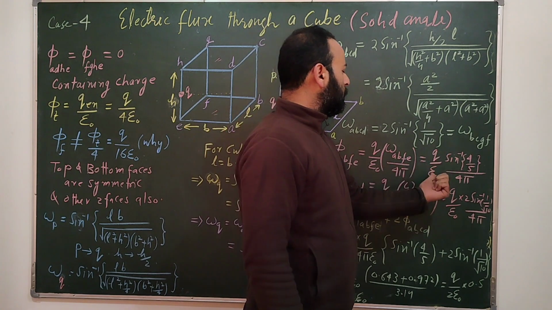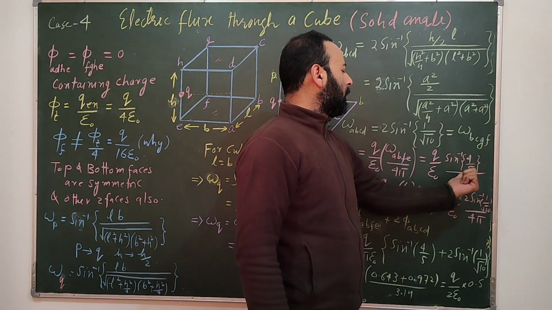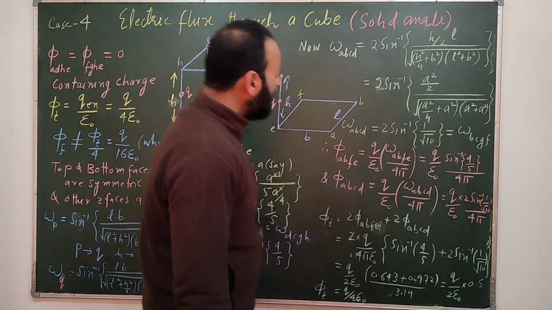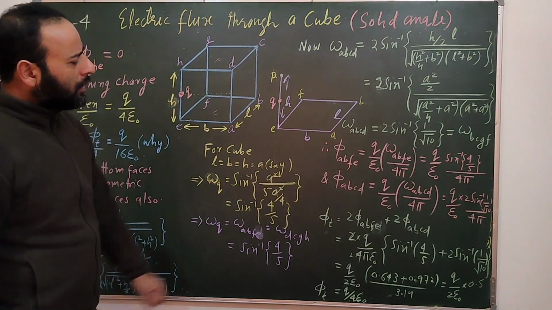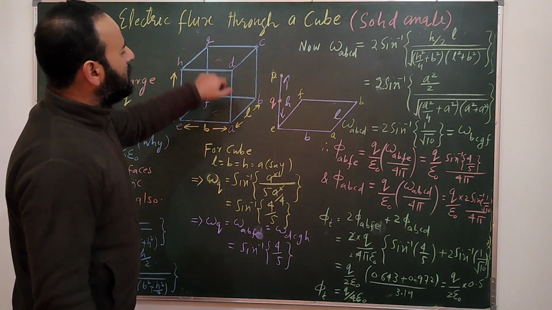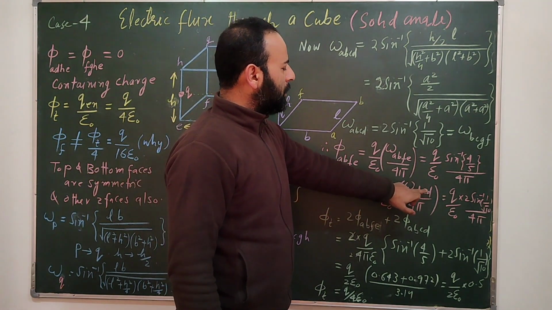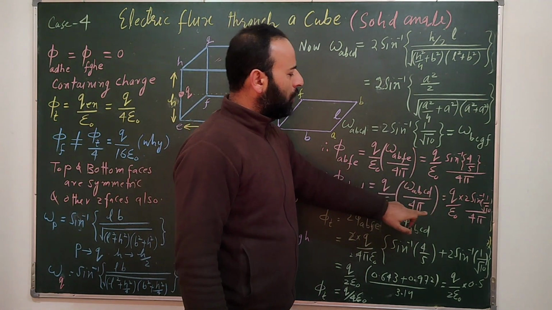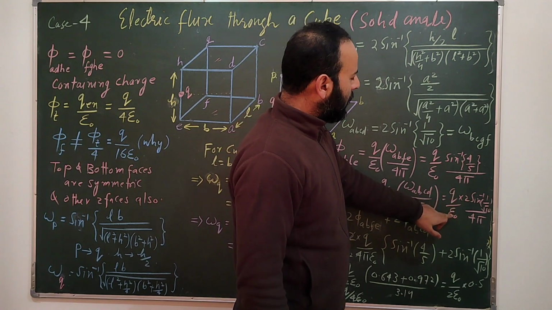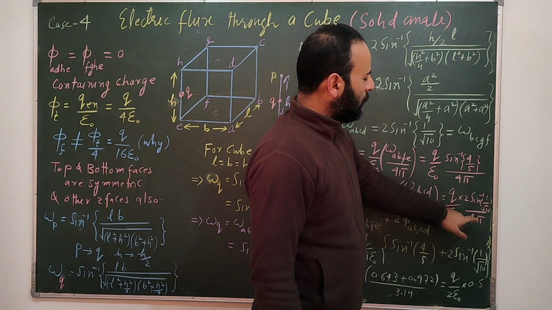So that is Q by 4 pi epsilon naught times sine inverse 4 by 5, which we have already calculated. Similarly, the flux through ABCD is equal to Q by epsilon naught, solid angle subtended by ABCD divided by 4 pi. So that is Q divided by epsilon naught, solid angle subtended is 2 sine inverse 1 by root 10, divided by 4 pi.